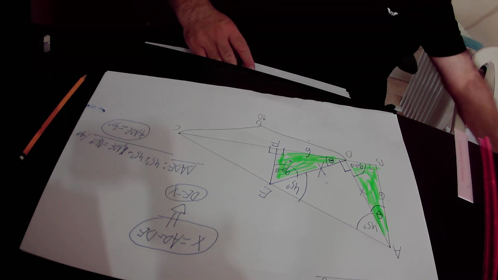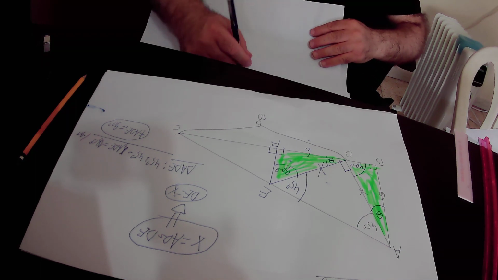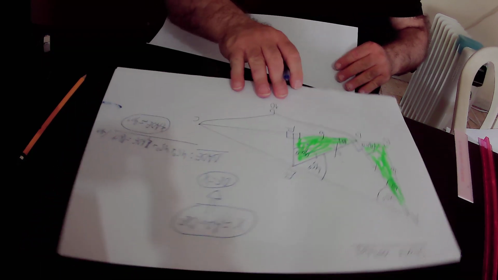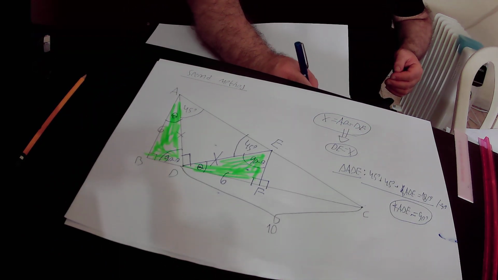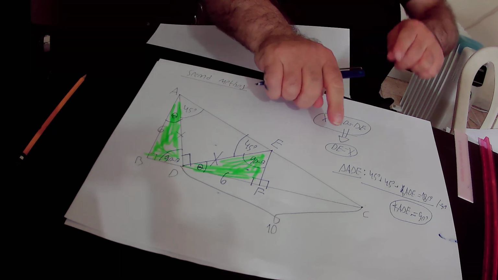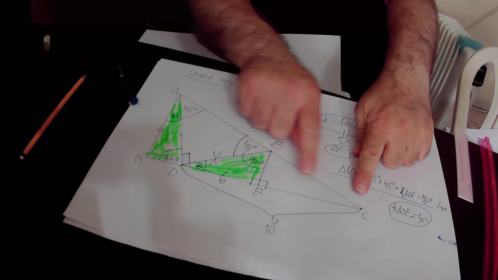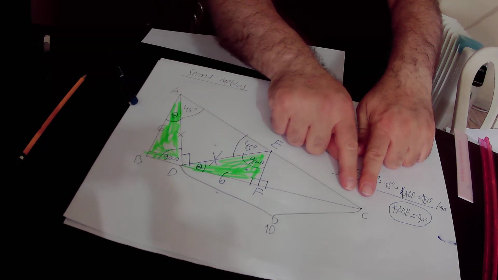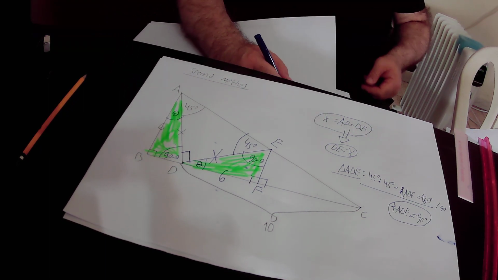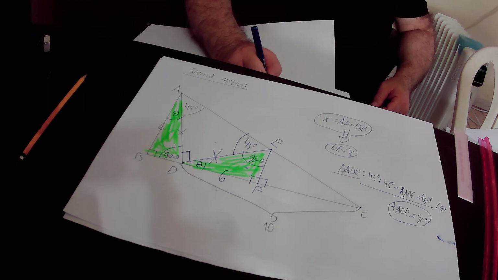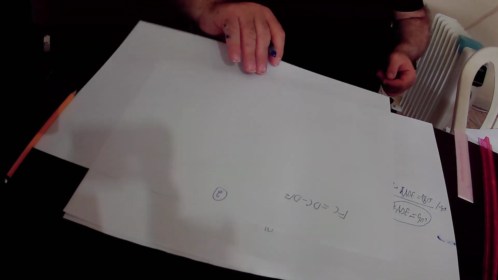And what is the value of line segment FC? It is very easy to see from the drawing that FC equals DC minus DF.